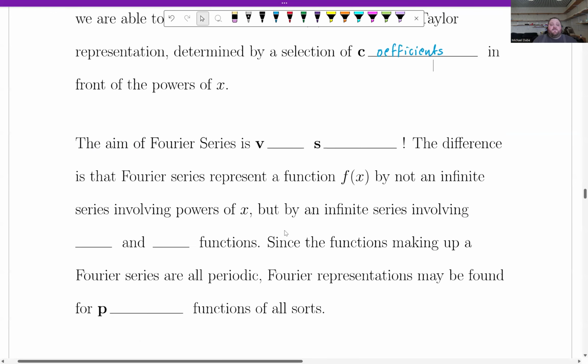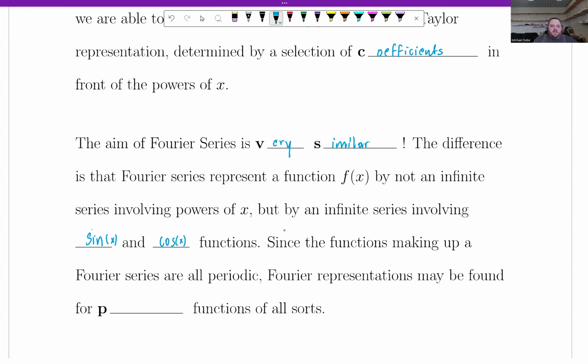The aim of a Fourier series is very similar. The difference is that a Fourier series represents a function f of x by not an infinite series involving powers of x, but an infinite series involving sine and cosine functions.